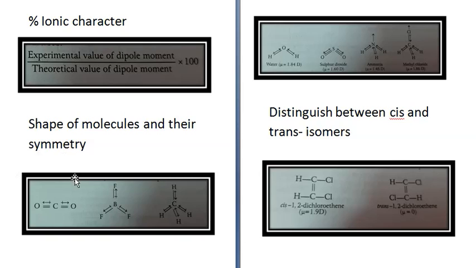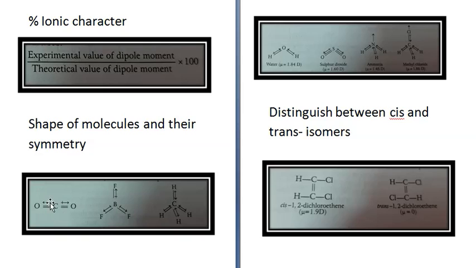of the molecule. If a molecule contains similar atoms linked to the central atom with polar bonds, the net dipole is 0, and it implies that the shape of the molecule is symmetrical. Like here, in CO2, the central atom is carbon, both sides you have oxygen, so the dipole moments of this bond and this bond will cancel each other, and the net dipole will become 0.